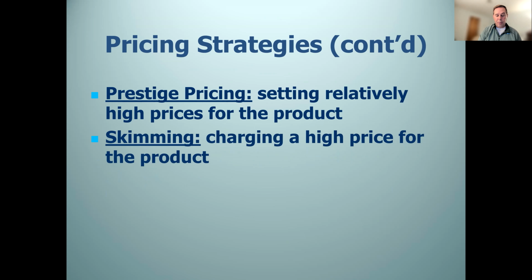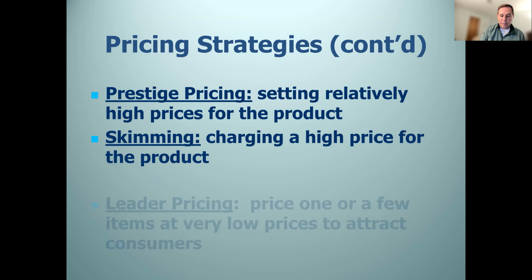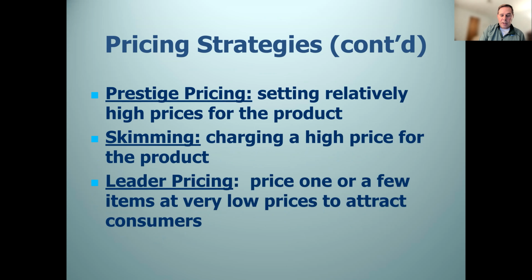Skimming is charging a high price for the product, so your firm might be the only one that's offering it, and therefore you kind of set the price. So you might be charging a high price because you're the only one that has the particular product.